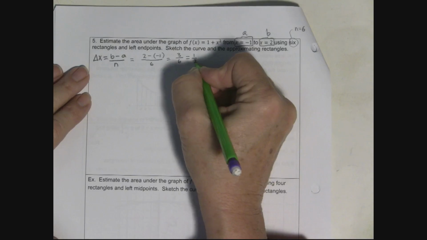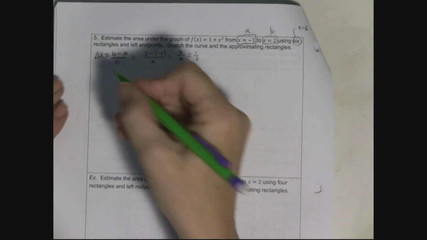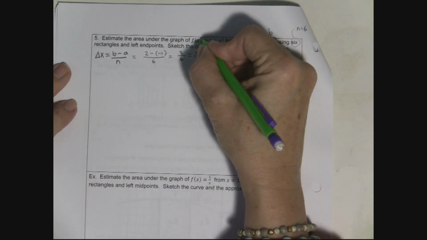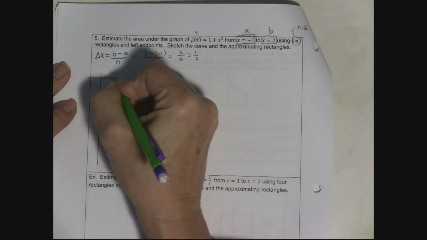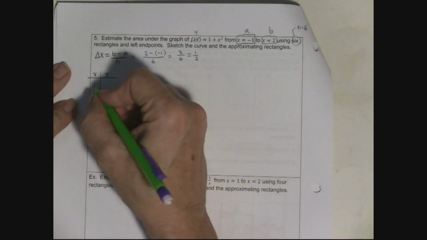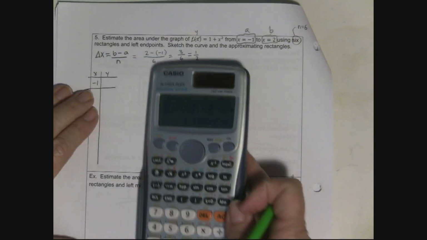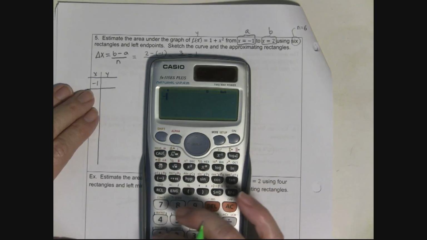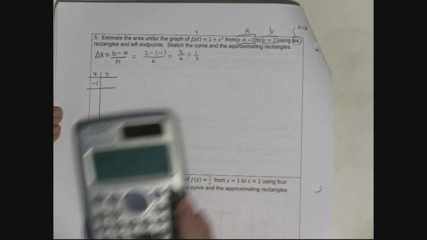So each rectangle is going to be a half wide, and I'm going to make a little chart here. Instead of f(x), I'm going to call it y in my little chart: x, y. I want to start at -1 and go up by half. You can use your calculator or your head. Starting at -1 and going up by 0.5, I get negative 1/2.